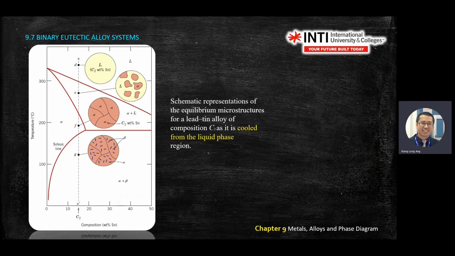Now your C2 is here, and you drop your temperature through D, E, F, and G. Same, identify where your liquid is, and where the dot lands. This one lands in alpha plus liquid, so you draw alpha and liquid here. Then E drops to F. F is full solid alpha, so you just draw alpha. Then F drops down, you see alpha plus beta, so you label alpha and beta.